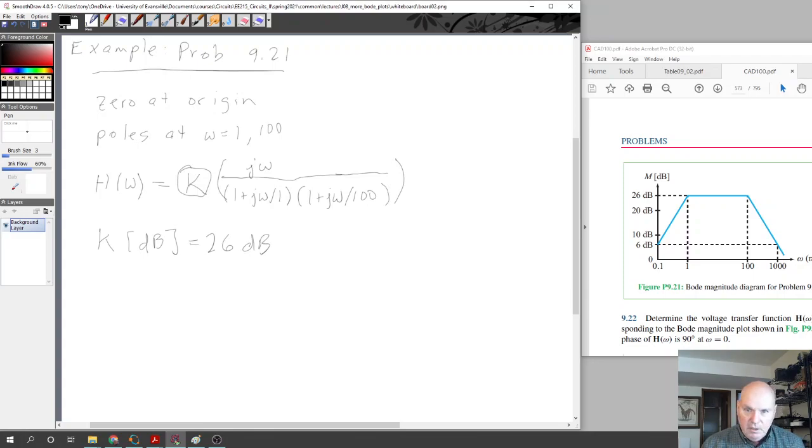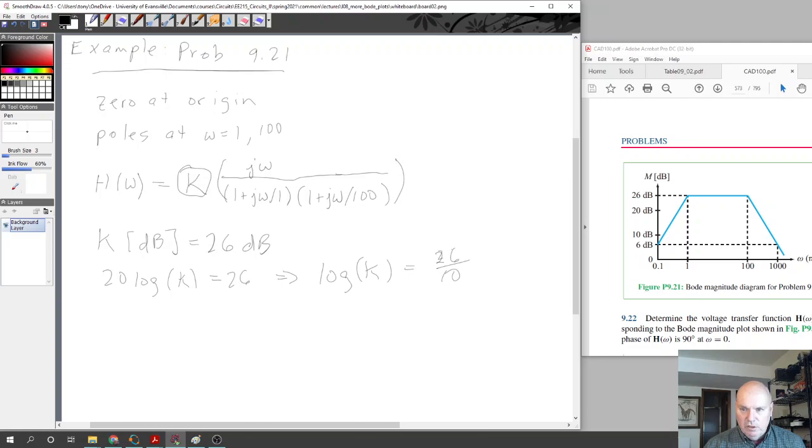And so that implies that 20 log of the linear value of K is equal to 26. So turn that around. Log base 10 of K would be 26 over 20.